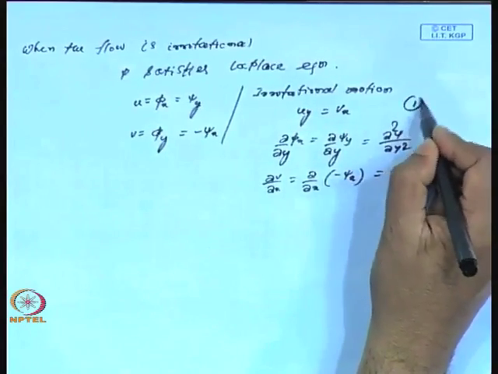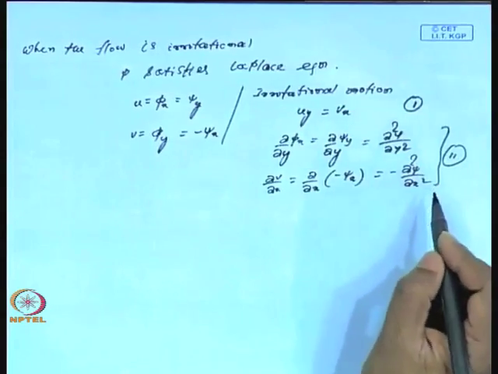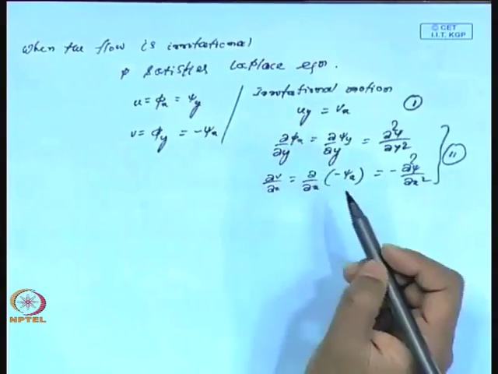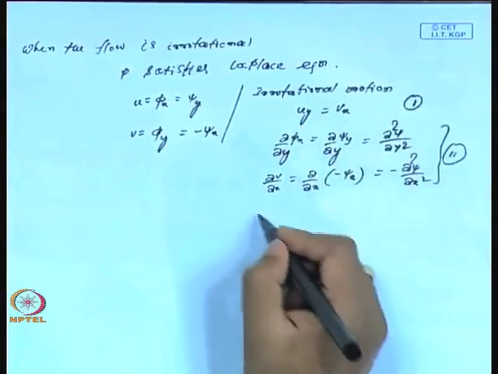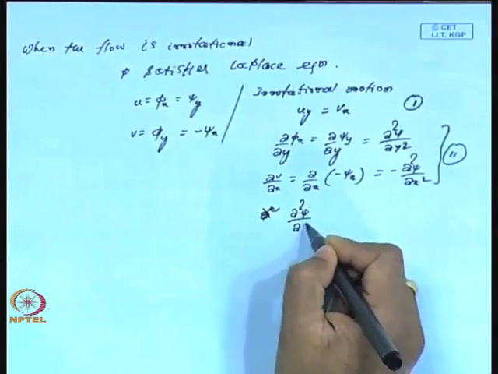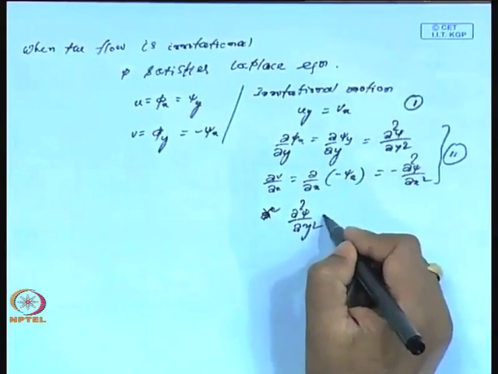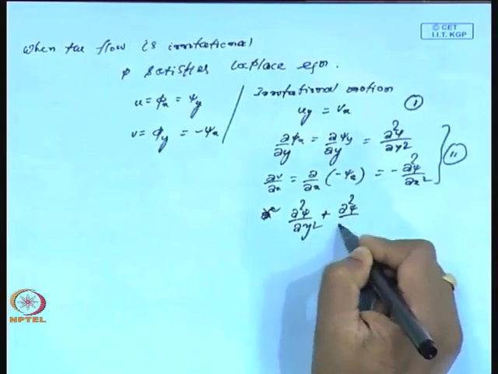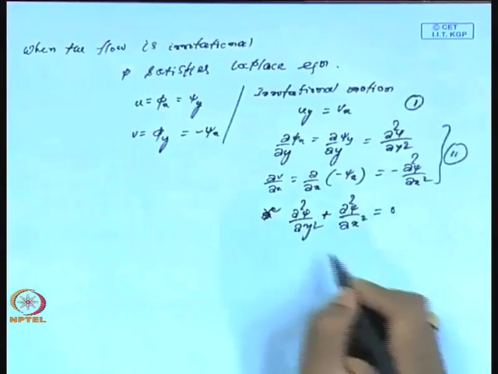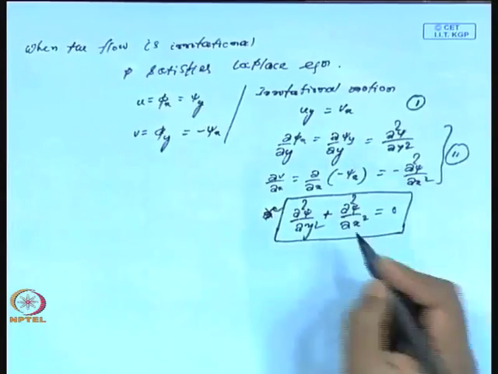Now, from 1 and 2 we will easily get u y is del square psi by del y square, and v x is minus del square psi by del x square. So, this will be plus del square psi by del x square is 0, which is nothing but the Laplace equation. And this is only possible when the flow is irrotational.